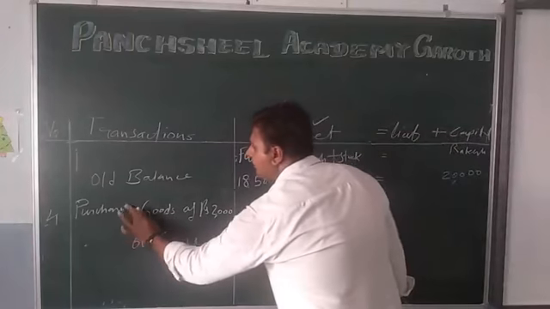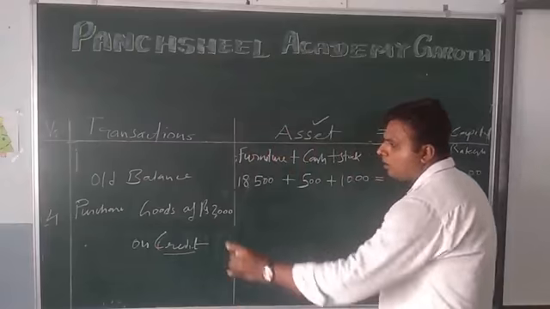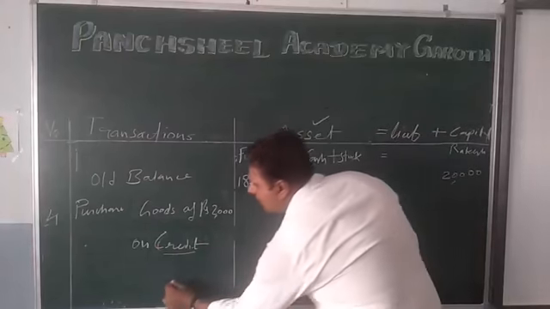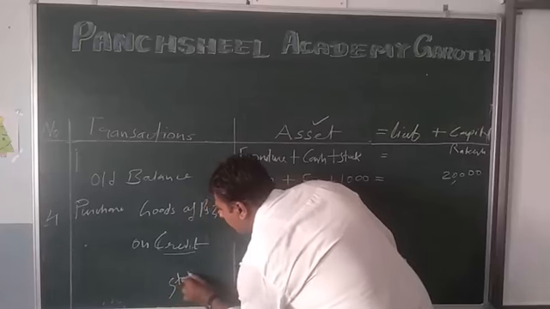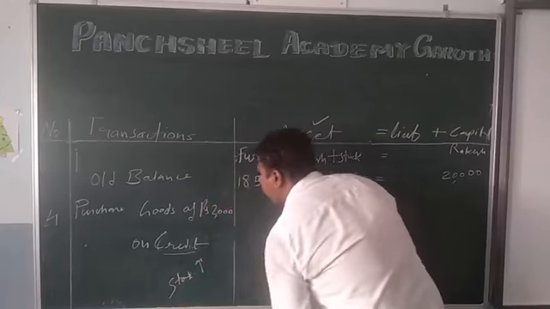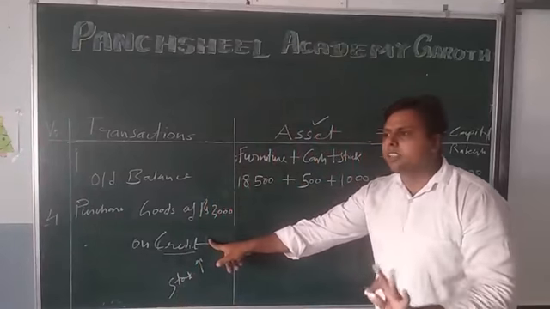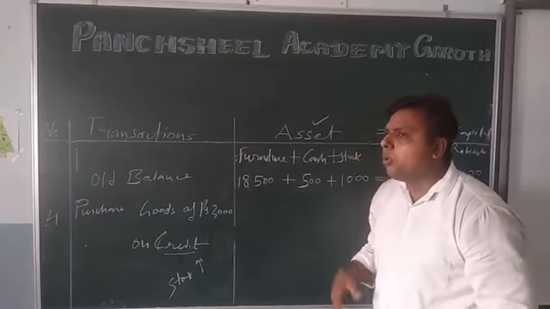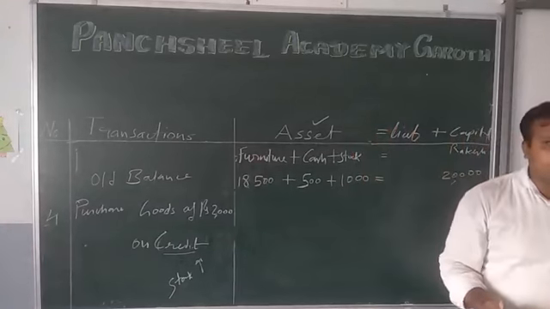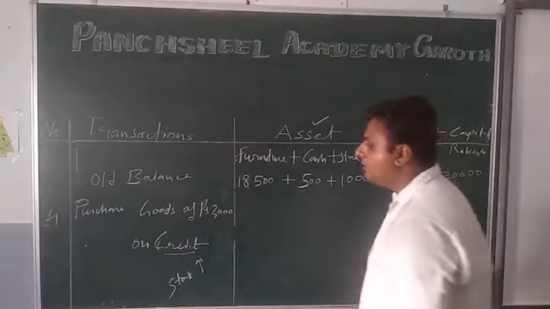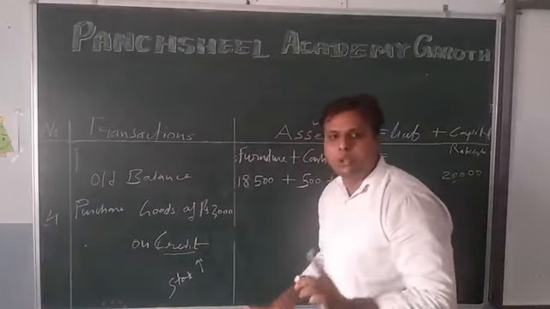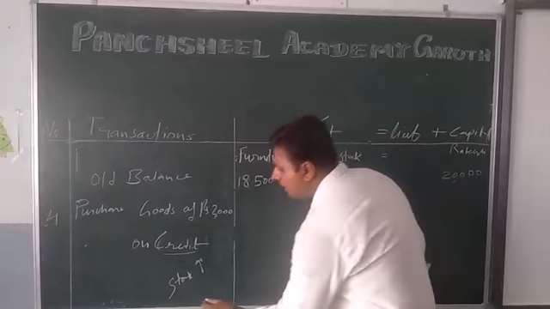So here also two variables are affecting the purchase. One is purchasing goods. Goods means stock is increasing. We have not purchased in cash, but on credit. From whom do we purchase on credit? From creditors. A new term, note it down in your copy.